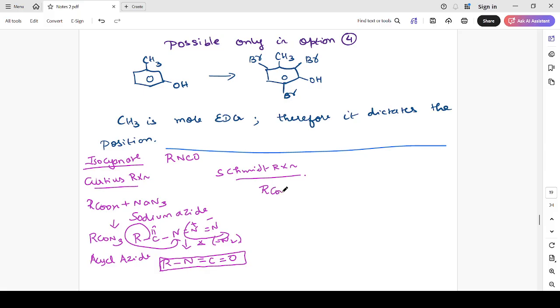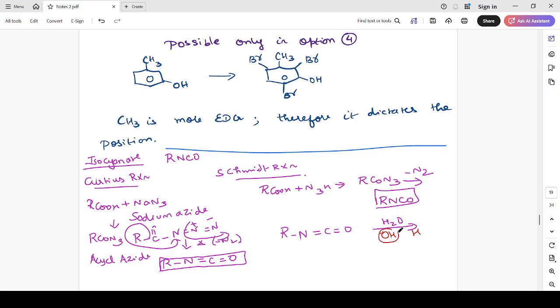I have RCOOH plus N3H, which will also form RCON3. This again releases nitrogen to form RNCO. So the way this RNCO reacts with other compounds, let us take water here. I'm giving you a simple step to remember it.